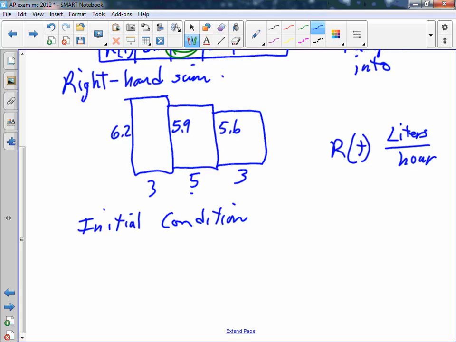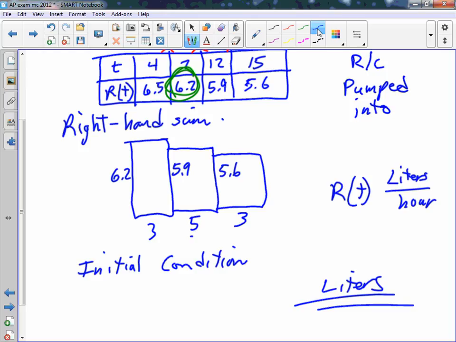T is measured in hours. Select values of R of T are given in the table. Using a Riemann sum, what is the approximation of the number of liters? So here's the big thing, folks. They don't want to know the rate of change. They want to know liters, right? So let's look at our units and let our units kind of help us.